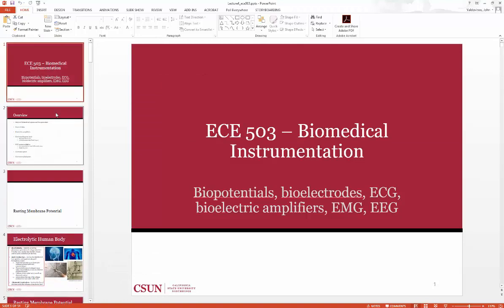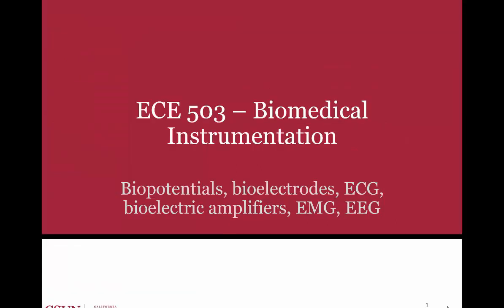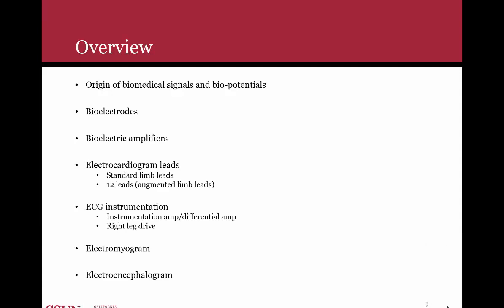Alright, I haven't posted these on Canvas just yet, so I'll post them as I post this video. But let's talk about ECGs, EEGs, and EMGs. But before I get to that, which we'll get to on Tuesday, I did want to go over some origins of biomedical signals, and then we'll cap the lecture off at that point.